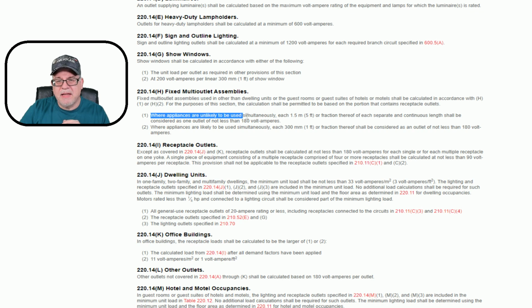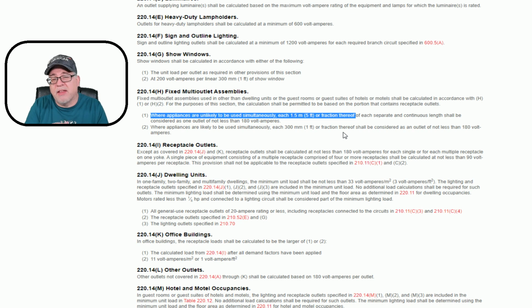It says, where appliances are unlikely to be used simultaneously, each 5 foot or fraction thereof. And when I say fraction thereof, if my equation came out to a certain value, like 3 feet, then that's a fraction of 5 feet. So any fraction, whether it's 1 foot, 2 foot, 3 foot, 4 foot, that is a fraction thereof.